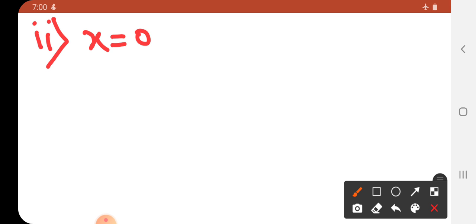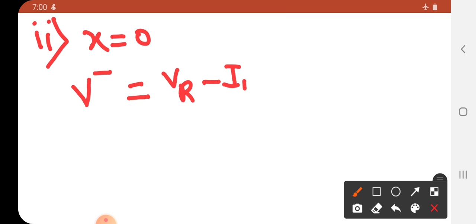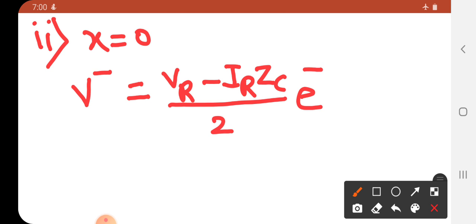Reflected voltage in the sense V minus. V minus is equal to VR minus IR ZC divided by 2 e power minus gamma x. So here also you can substitute x is equal to 0 at receiving end.